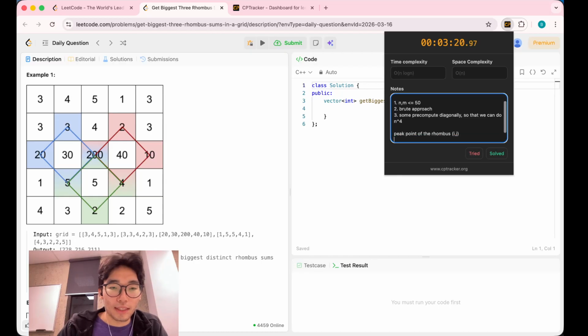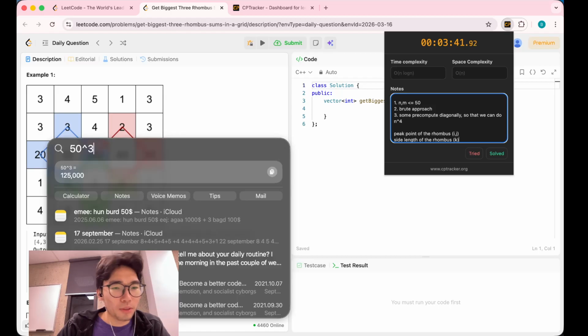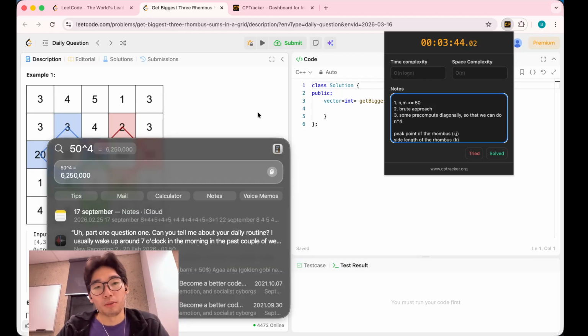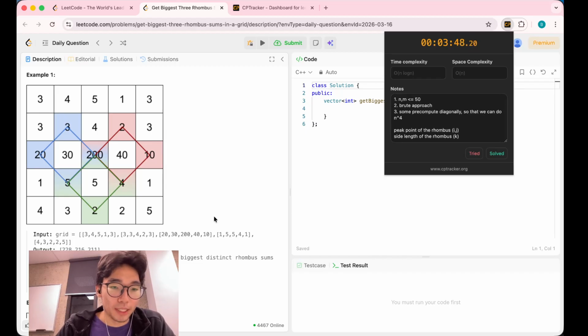Then the next important thing is the side length of the rhombus, which is k, so it would become n cubed. Can we do n to the power of 4? Yeah, we can do that.